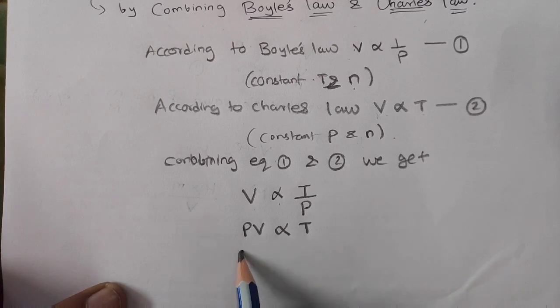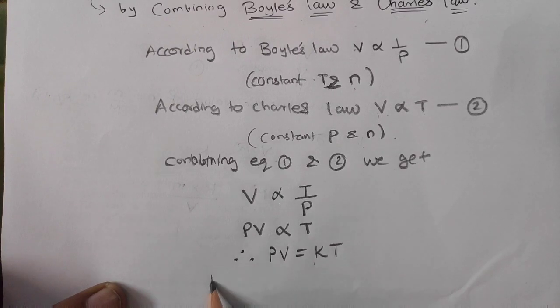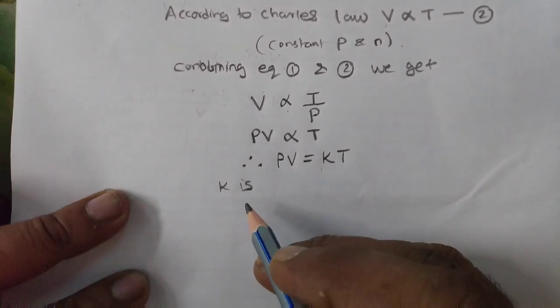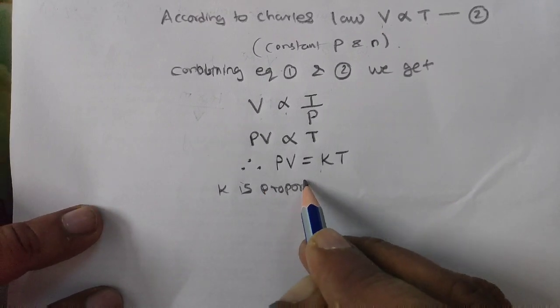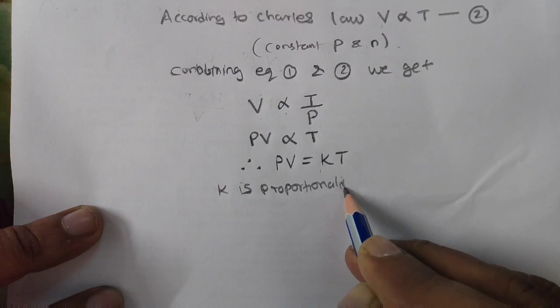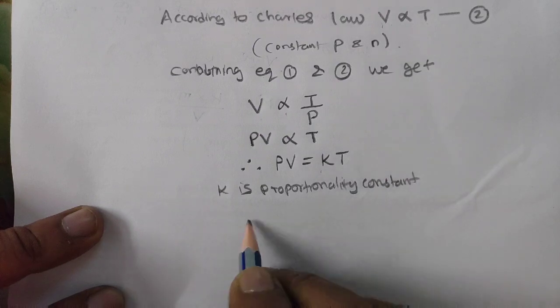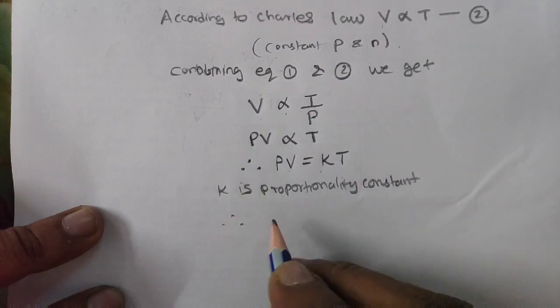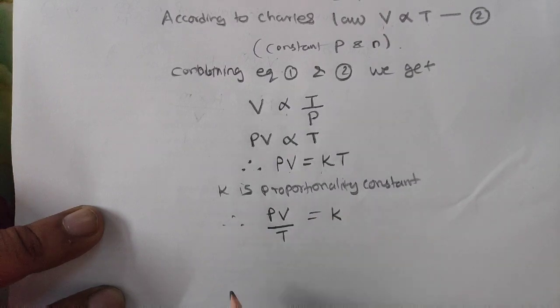Now if I remove this proportionality sign, PV will be equal to KT. What is K? The K is the proportionality constant, right? So therefore I can also write PV by T is equal to K.